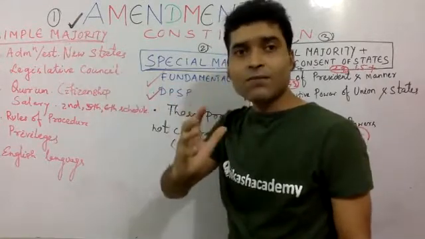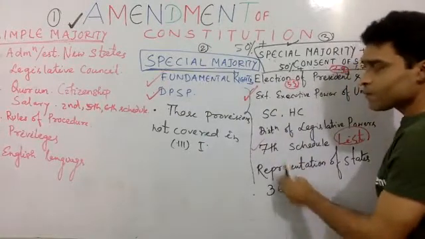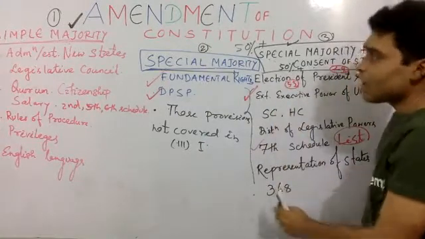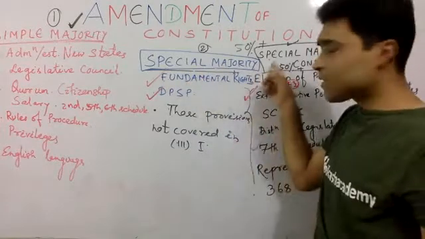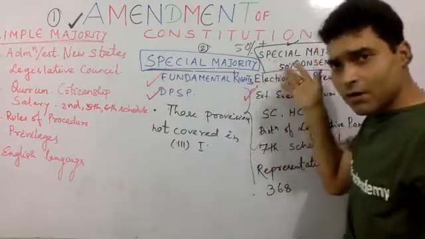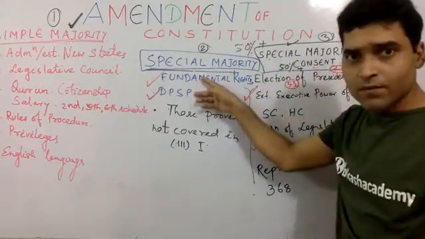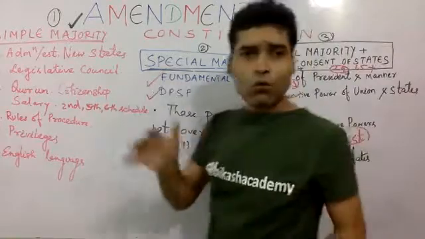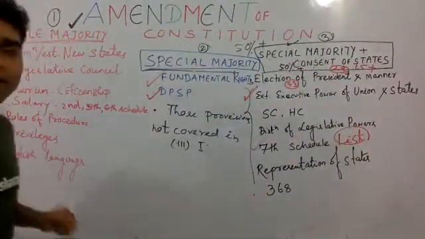Try to mark up and understand the special majority features, or you can say provisions, and then special majority. What I mean to say is, special majority plus consent of states, you have to remember this first of all. Then remember these 2 points, right? And after that, whatever is left comes under simple majority. I hope this is clear.